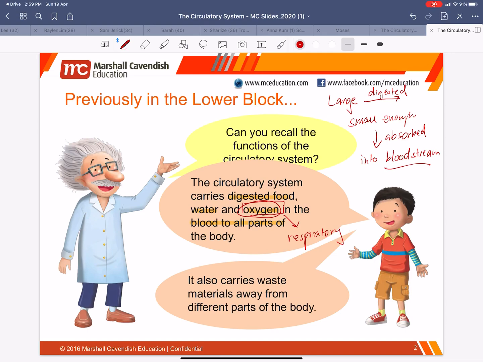Now, before that, I also want to point out that your circulatory system doesn't just carry useful resources around your body, it also serves to remove waste. Now, in the later stages of your education in secondary school, you'll be exposed to a wider range of different types of waste materials, such as urea, which forms your urine. You will also be exposed to many different types which I will not talk about.